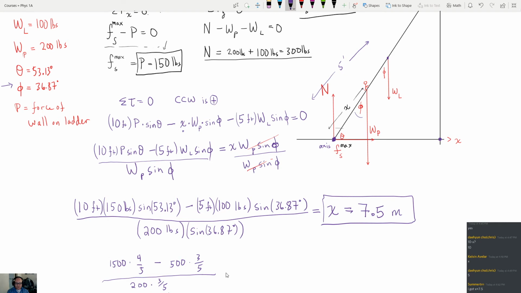So it's basically 1500 times 4 is 6,000. Minus 500 times 3 is 1500. We divide all of that by 200 times 3 is 600. So 4,500 divided by 600, which is equal to 45 over 6. And 45 is like 3 times 15, and 6 is 3 times 2. Yeah, you get 7.5. That's the right answer.